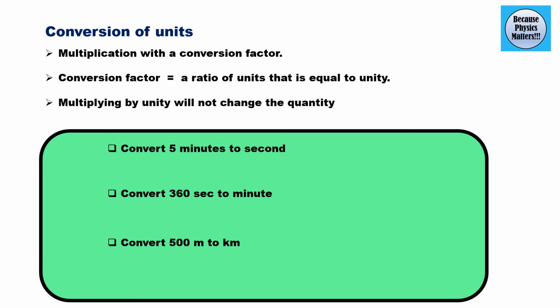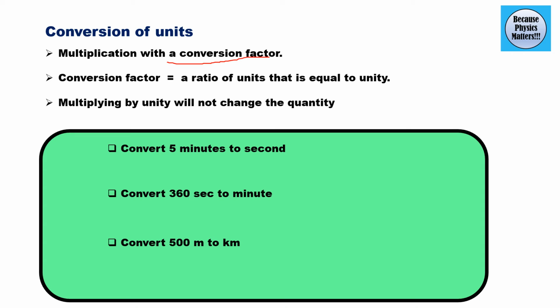For that, we simply use this very easy technique, that is a conversion factor. We simply multiply the unit with a conversion factor, and this conversion factor is important. So what is a conversion factor? It is a ratio of units that is equal to unity.